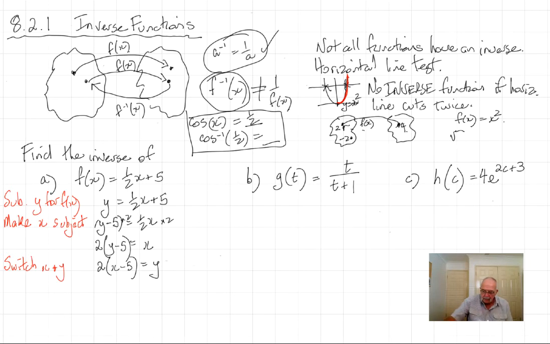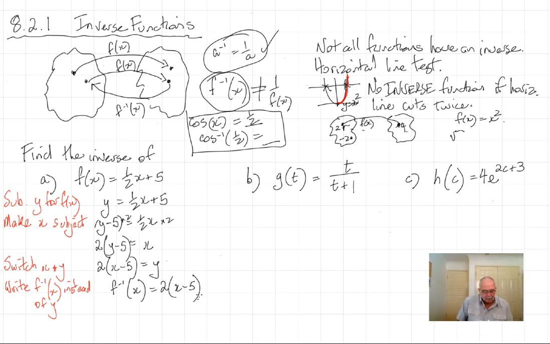And then my final step is to write, in this case, f to the minus 1 of x instead of y. And what I'll do is I'll just bring the y over to that side and bring that over to that side, and so I get f to the minus 1 of x equals 2 outside of x minus 5.